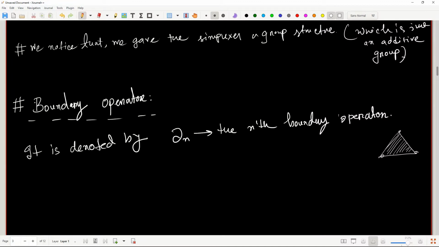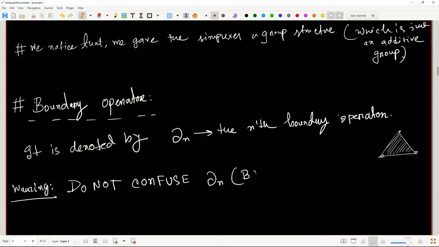Okay, and I also want to give you a warning. Do not confuse the boundary operator, that is del n boundary operator, with a partial derivative.